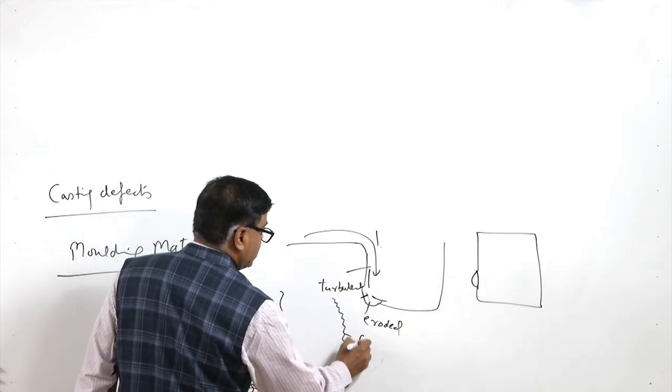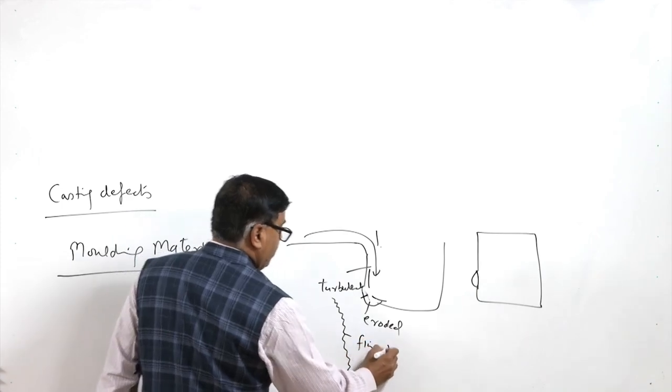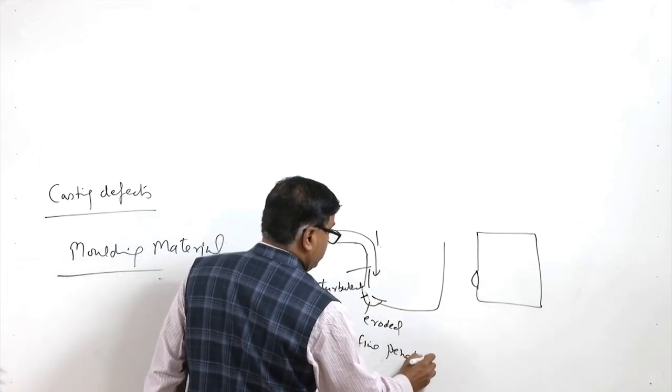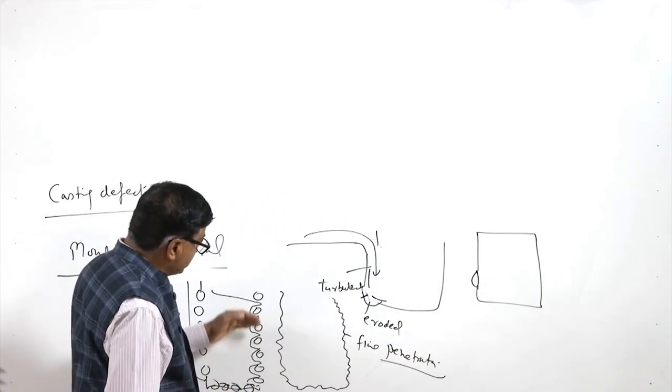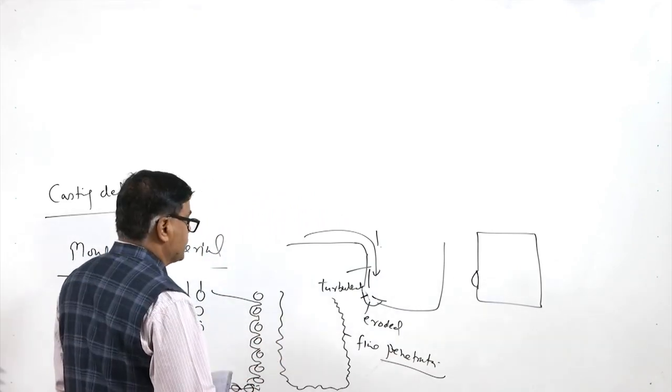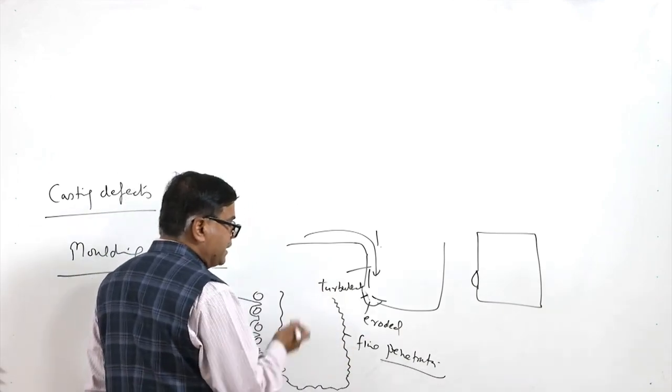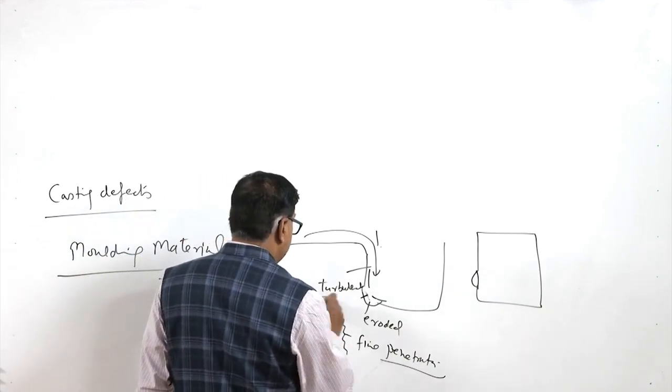These are basically fine penetrations due to the entry of the molten metal in the spaces between the coarse sand particles. So, these will lead to increased roughness of the casting surface.